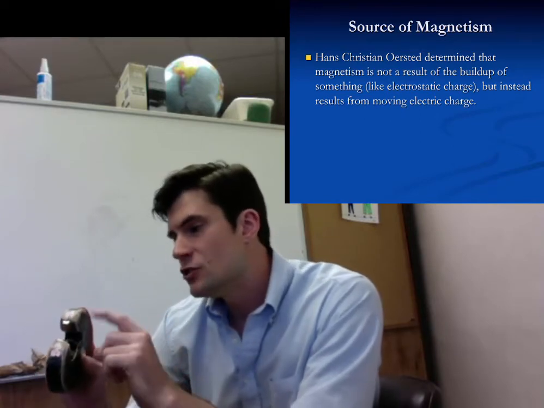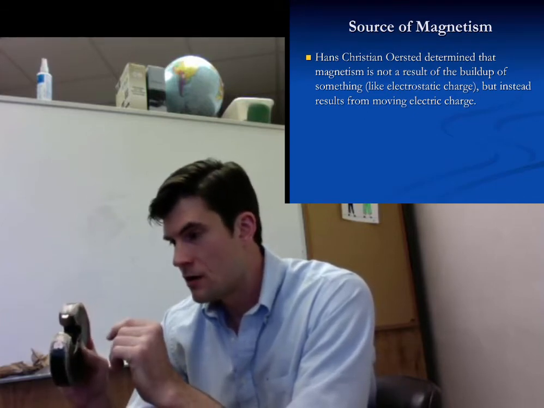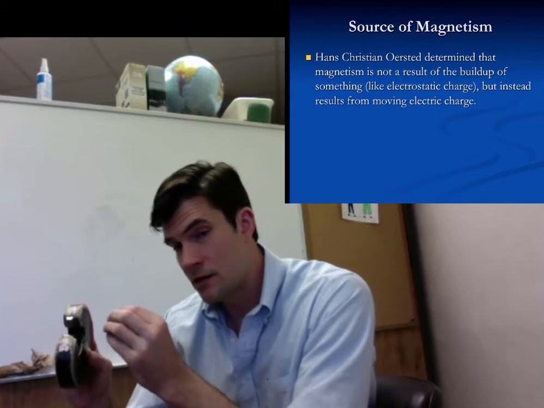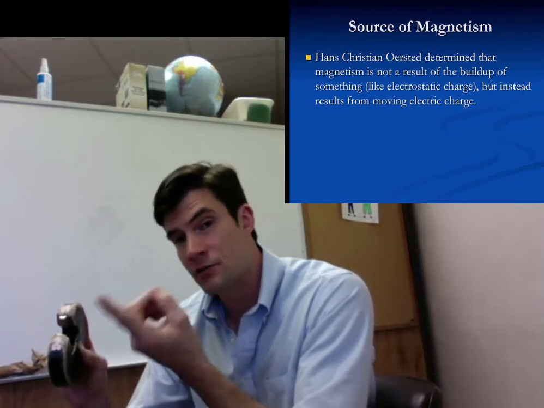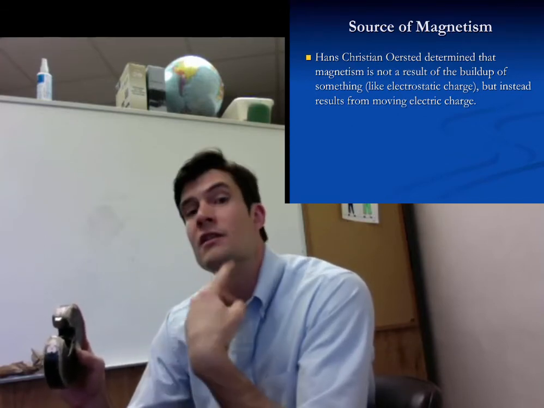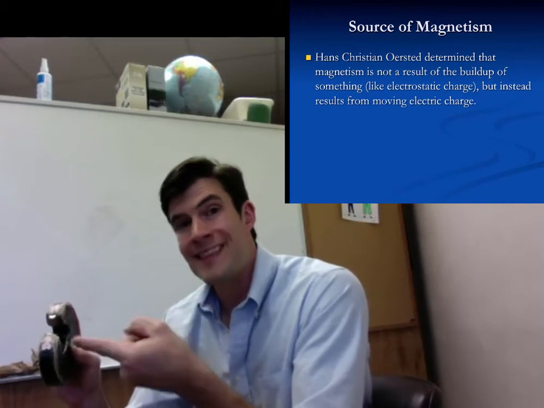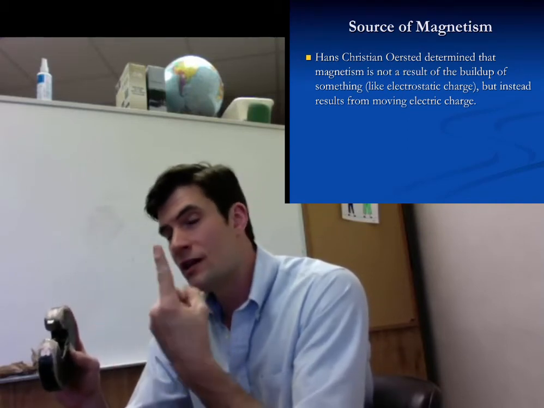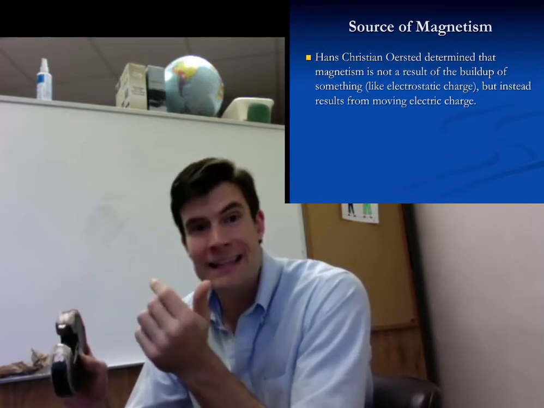If we look at the individual atoms that make this magnet up, they are made up of a nucleus that has the protons and the neutrons, and around that we have the electrons, which are in orbit around the nucleus. So they are moving. These electrons orbit the nucleus. That's moving charge. Not only do they orbit the nucleus, they also spin on their axis, so they move in that way.